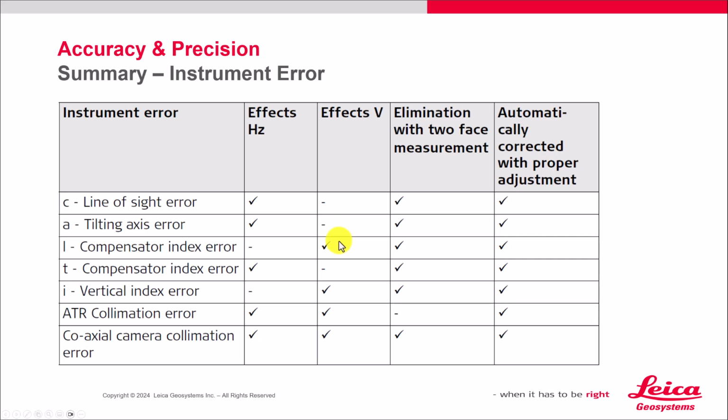Affecting vertical are the compensator index error, vertical index error, the ATR collimation error, and the coaxial collimation error. Elimination with two-phase measurement applies to almost all of them except for the ATR. Now, elimination is a strong word that doesn't completely eliminate, but it compensates for it. And then automatically corrected with proper adjustment. Again, that's not 100% correction, but by applying some correction, you do compensate for a lot of these errors.